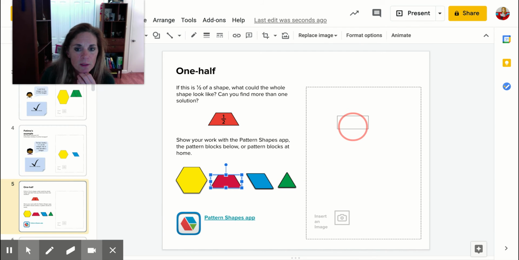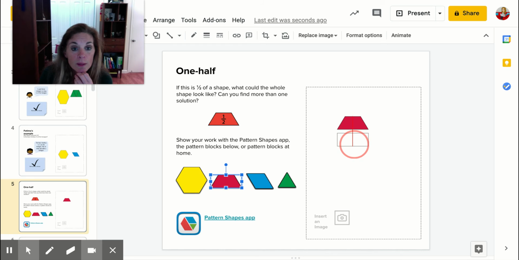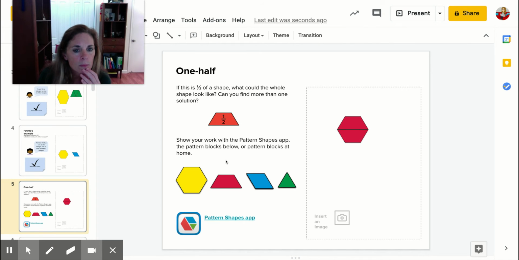Let's see if I can do it here. There's one. So now we have two, but they're not really a whole shape yet, right? There's just two there. So what you do is you take the little circle and you can spin it around. There we go. And you can do the same thing in your app. It's a little bit nicer in the app.